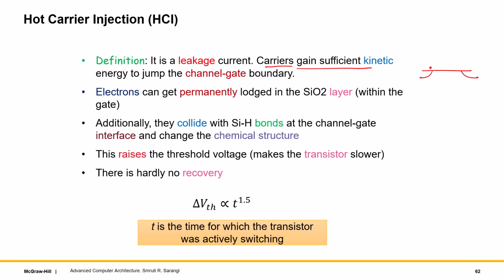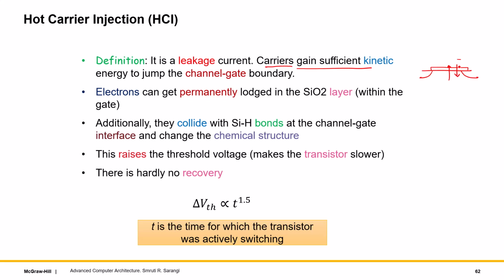So if this is the channel, this is the gate, and you have these carriers, right? In this case, if it's negative, then holes will kind of jump here like this. In this case, protons. And electrons can also come in the reverse way. So in this case, of course, holes and protons are much bigger quantities, so they cannot make a jump. But typically, electrons are the ones that get pushed in.